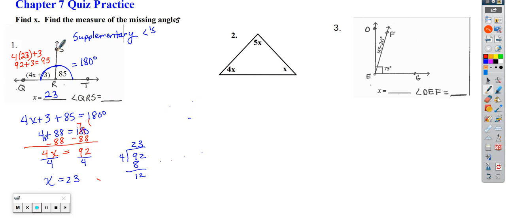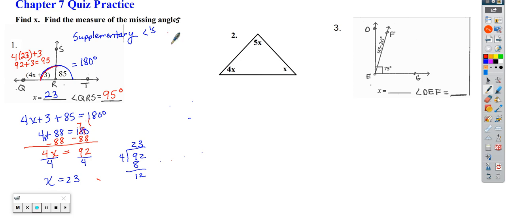So angle QRS is 95 degrees. And if I go back and check, 85 plus 95 should equal 180, and they do.